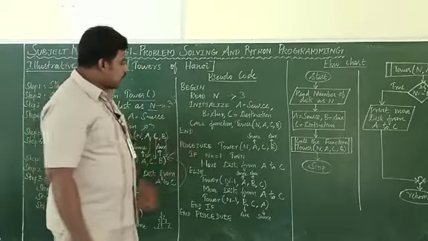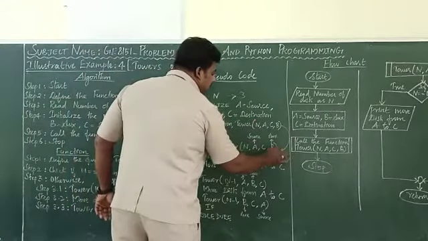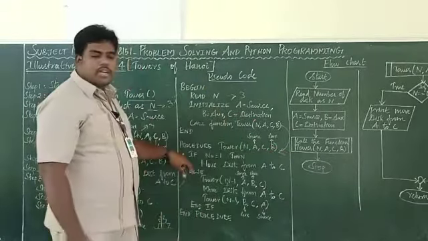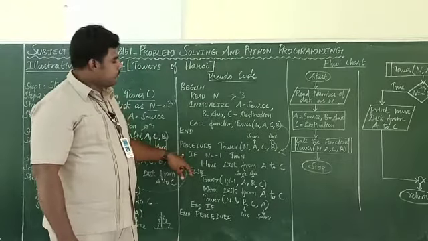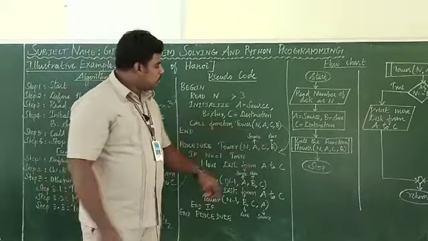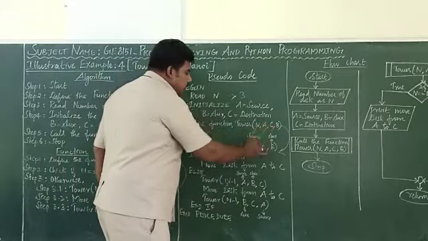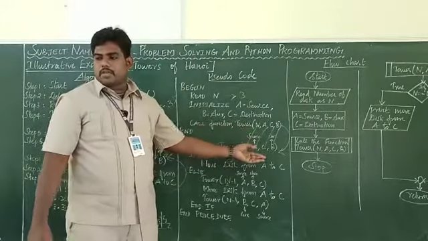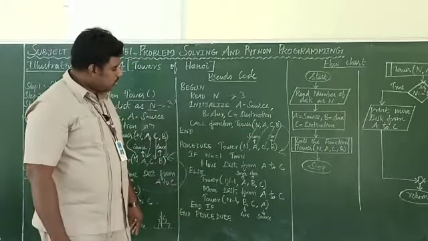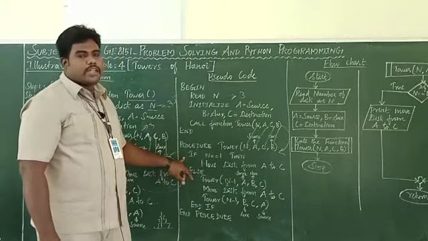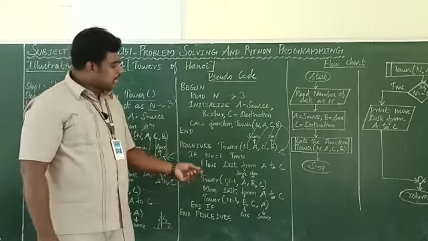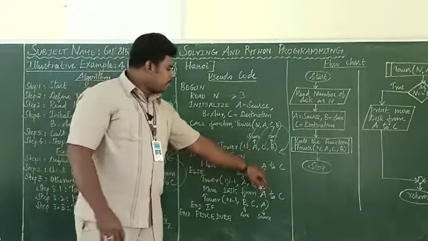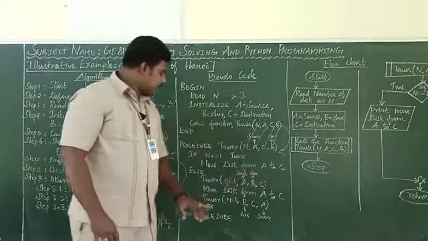Then it's a function call. Once the function call is executed, it will execute the function definition, so the values from the function call are copied to the function definition. Now if n equal to 1, only one disk is there, we can directly move from a, that is source, to destination.